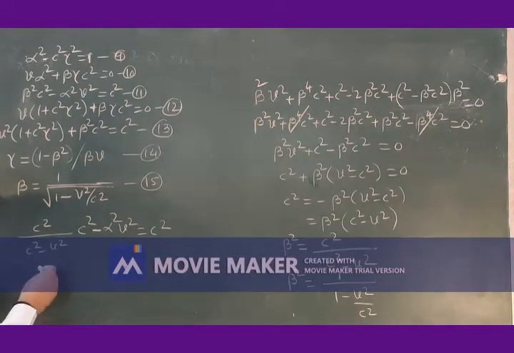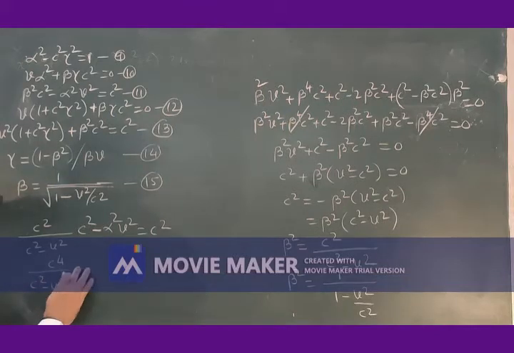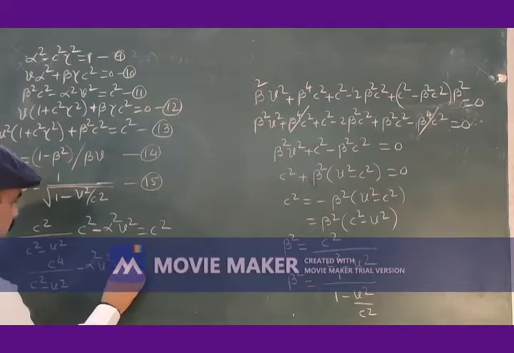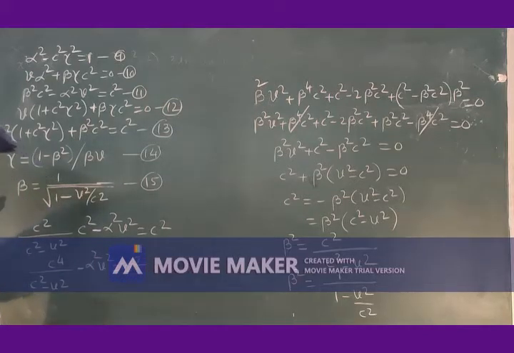If we do the multiplication here, it will be c to the power 4 divided by c square minus v square, minus alpha square v square is equal to c square.